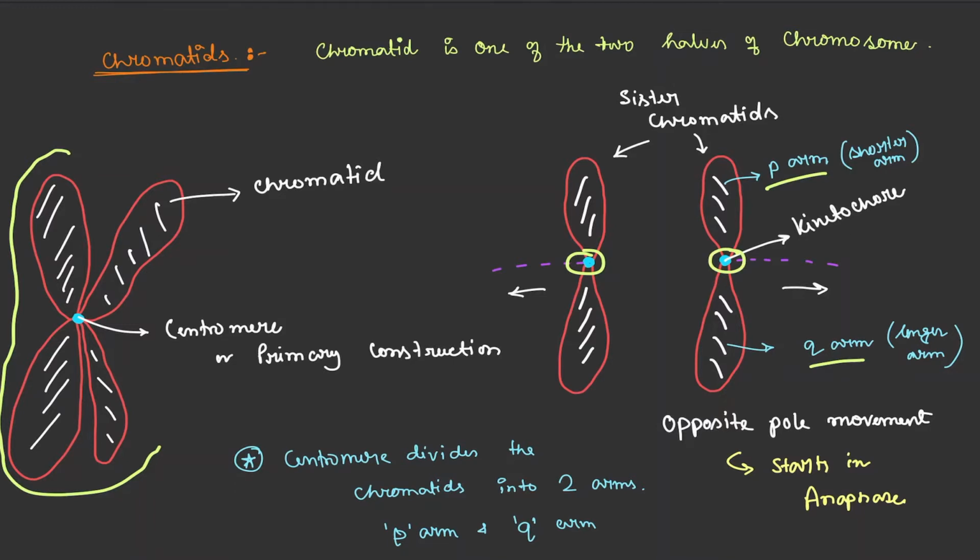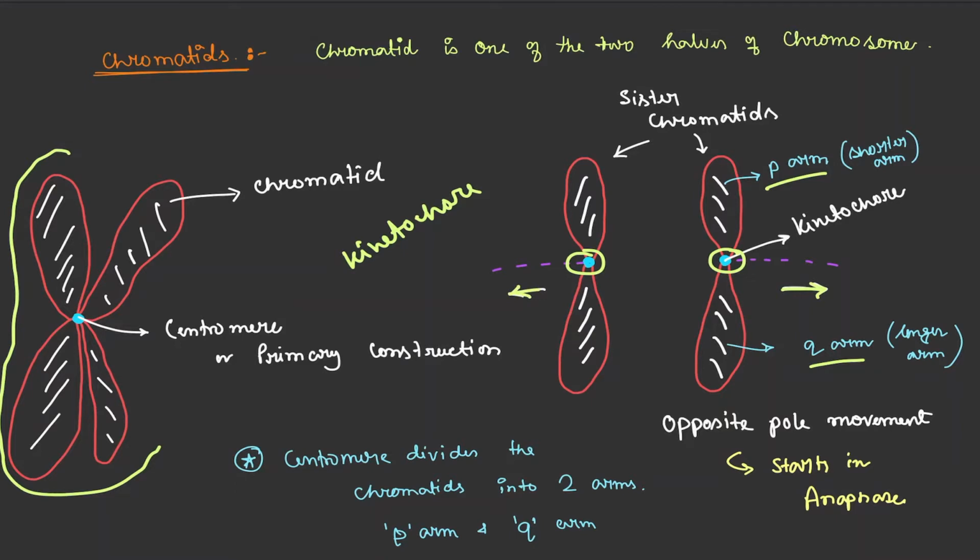The centromere is also called the primary constriction of the chromosome. The centromere is associated with the mitotic spindle attachment. On the centromere there is a protein-made, disc-shaped part called the kinetochore. The kinetochore is the point where the mitotic spindles attach during cell division, and they help in pulling the chromatids to the opposite poles.